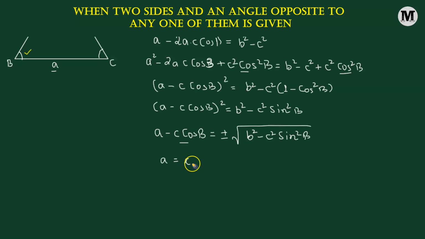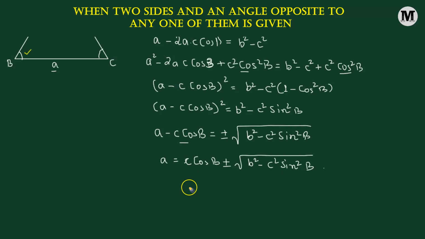So a is going to be c times cosine of angle B plus or minus the square root of b squared minus c squared sine squared B. So here we have obtained an expression for the measure of the side a.